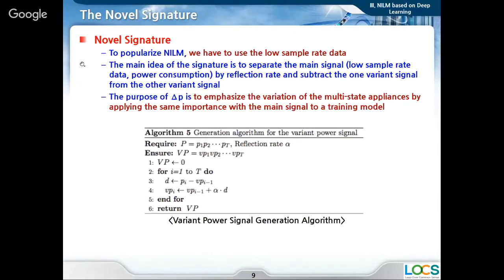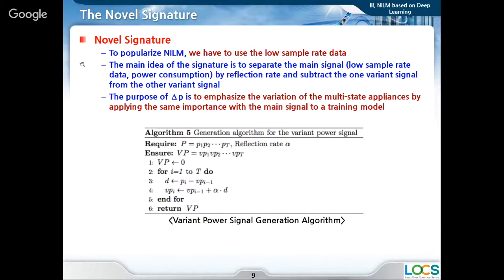In the third step, we just do subtraction operations between the current power P and the previous variant power VP at i minus 1. And after calculating D, this information is used to update the current variant power with the reflection rate.